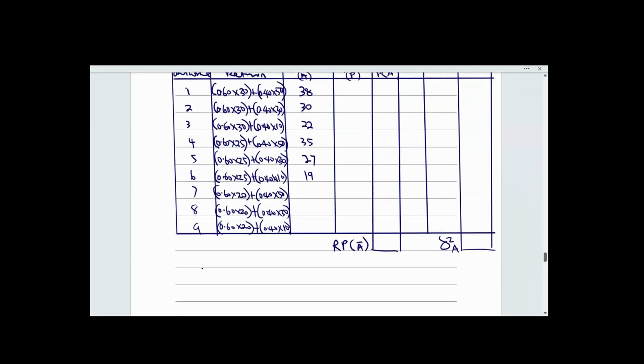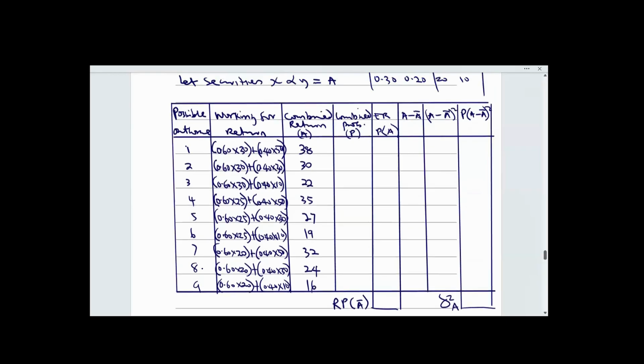Then 12 plus 20. That should be 32, all right? Yes, sir. 32. Then 12 plus 12, 24. Then 12 plus 4, that's 16. So now we have the return.